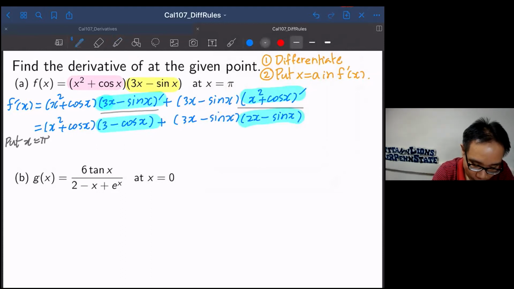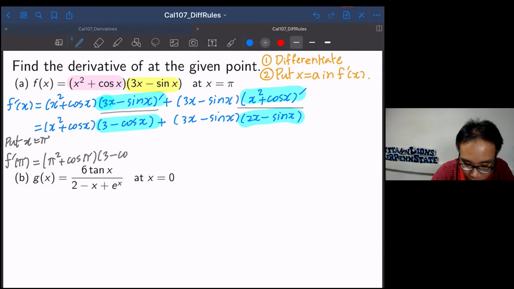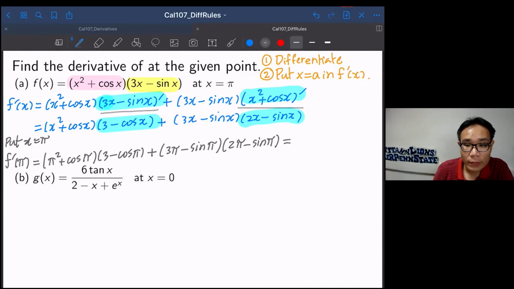So you have f prime of pi equal to pi squared plus cos pi times 3 minus cos pi, plus 3 pi minus sine pi times 2 pi minus sine pi.